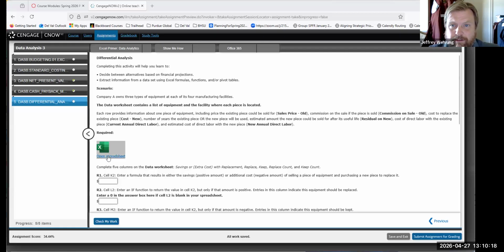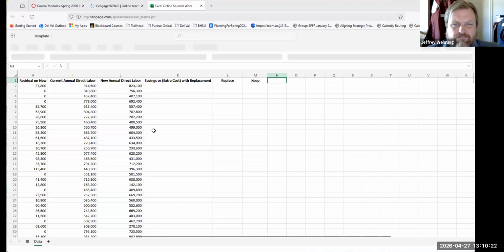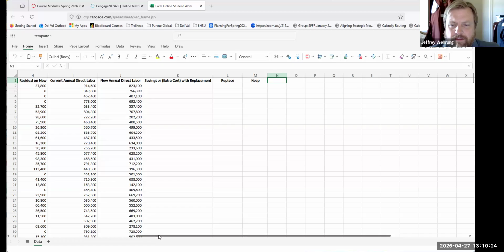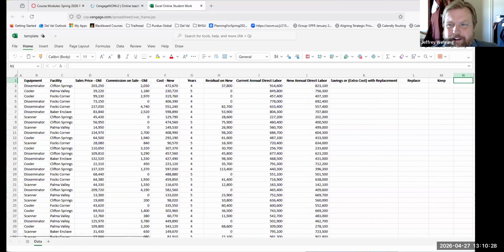Wow. Okay, let's look at what this really looks like. That did not look like all that data. Okay, here we go. So the equipment, where it's located, the sale price of the old equipment, the commission on the sale of the old equipment, cost of the new, years. What does the years mean?